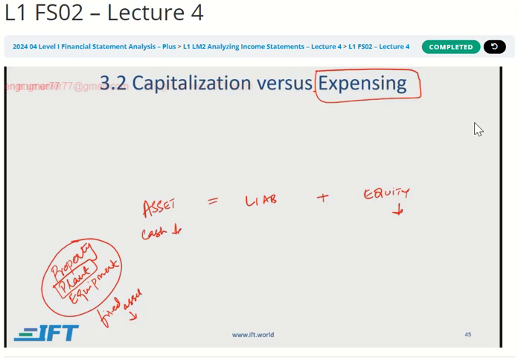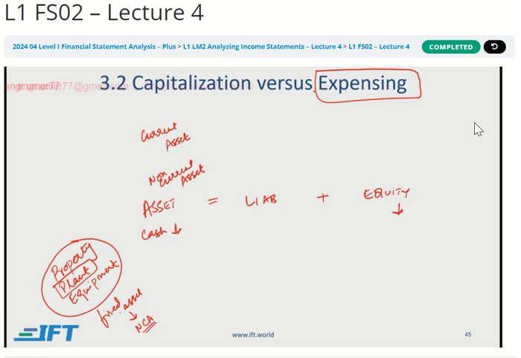What is a fixed asset or a non-current asset? Because your asset side we can write in terms of current assets, which will be expected to be converted into cash within 1 year, or non-current assets which will not be converted into cash within a year, rather they will give me benefit for more than a year.